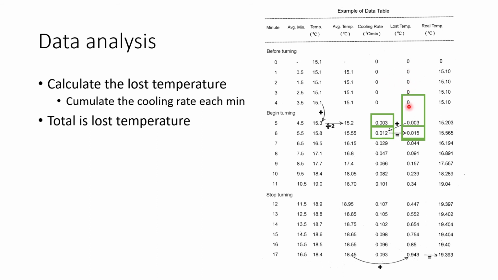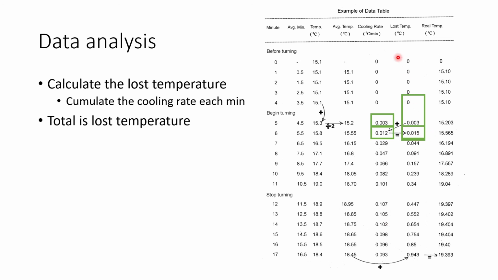And then here, 0 added to 0.003, you would have 0.003. And then you add this column with this number right here. So the next minute, you have 0.012. Adding this number to this number, you get this number. Then you add this number to this number, then you get this number. Keep doing that, and you would have an entire column of the loss temperature, which is the cumulative sum of the cooling rate, which is changing as the temperature increases.